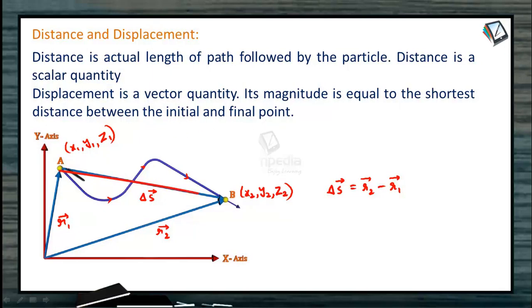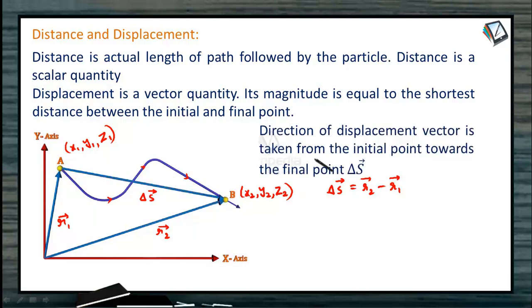Alright, the shortest distance between the initial and the final point is the displacement magnitude, and its direction is always from the starting point towards the final point. Alright, you have to remember this. In any type of example, the direction of the displacement vector is from the starting position towards the final position. And here we are representing it with this symbol delta S.